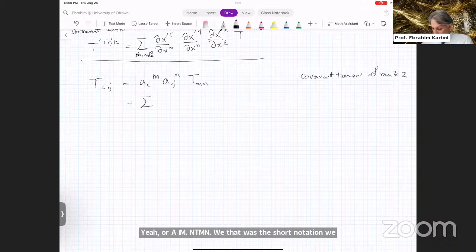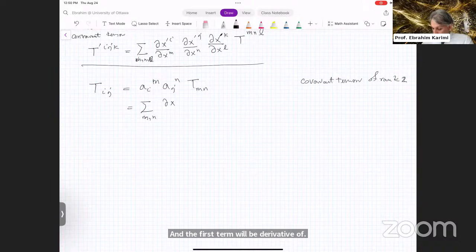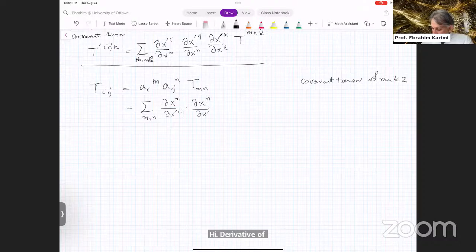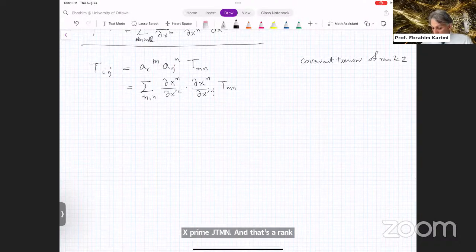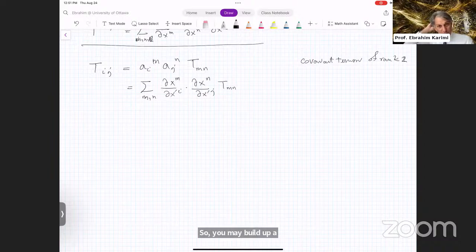If you want to expand it, that will be the summation over m and n, and the first term will be the derivative of x_m with respect to x prime i, the derivative of x_n with respect to x prime j, T_mn, and that's a rank 2 covariant tensor, T_ij.